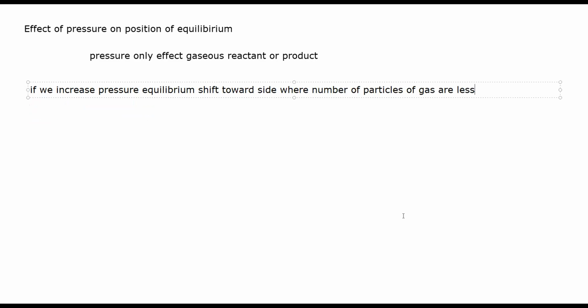So if we increase the pressure, the equilibrium shifts towards the side where the number of particles of a gas is less.